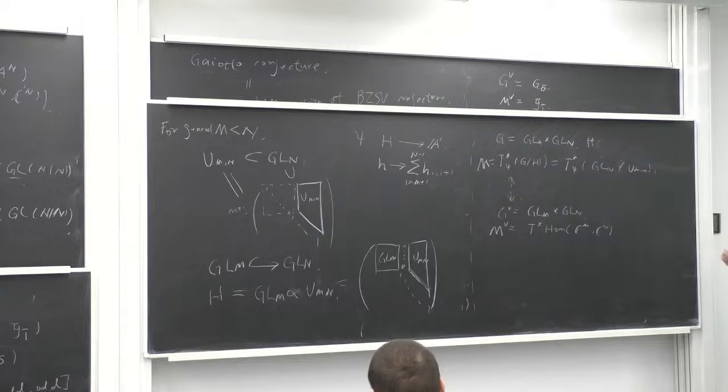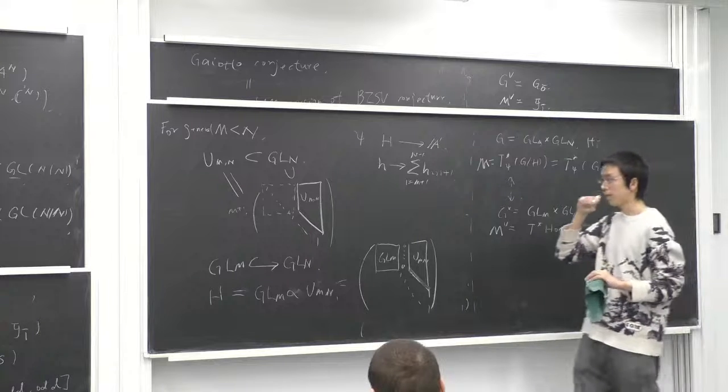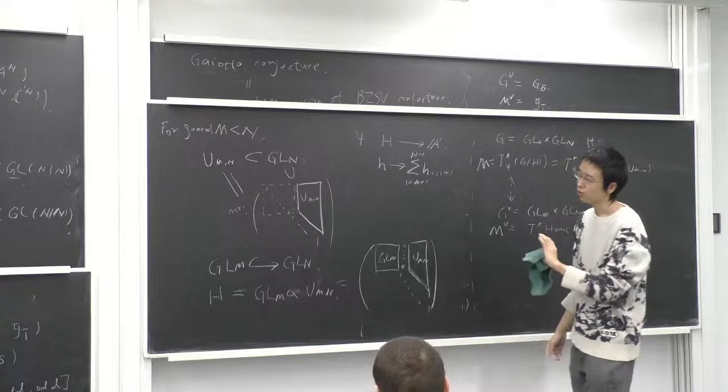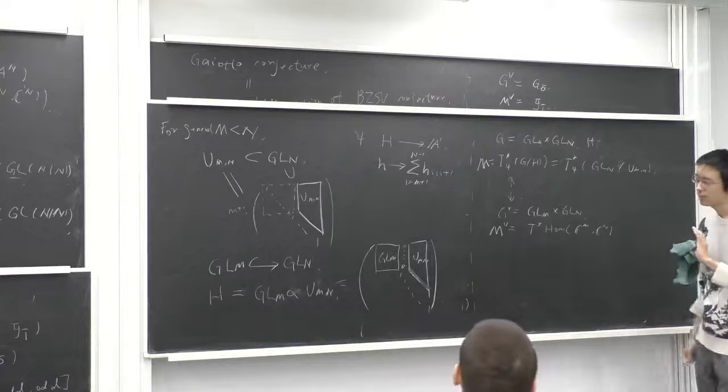So through this way, now we can formulate the untwisted Gaiotto conjecture, or BZSV conjecture, and the twisted Gaiotto conjecture.